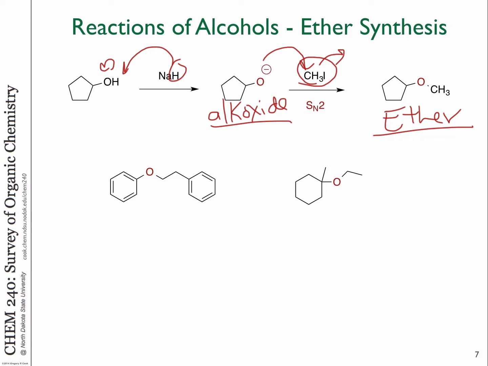Okay. How many people forgot this already from last week? Well, let me remind you. Last week we talked about these two examples. Those are two ethers. What alcohol and what alkyl halide would you start with to make them? The important factor here is that you have to do an SN2 substitution reaction.